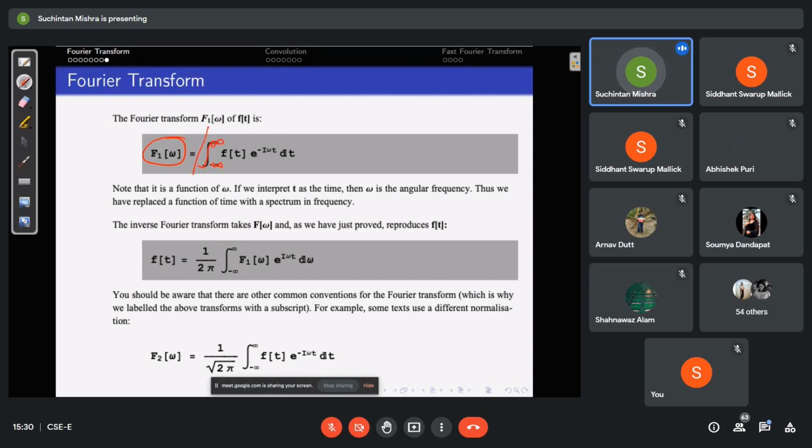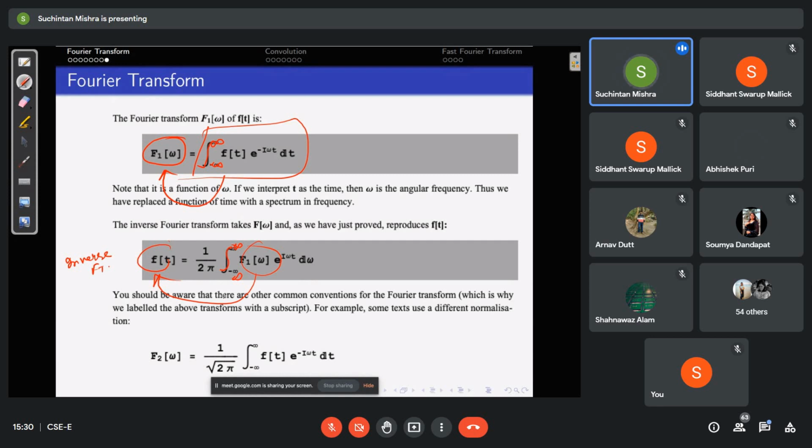Once you apply the Fourier transform, you will get the frequency domain representation. And if you are given the frequency domain and you want to find the time domain, the concept is the inverse Fourier transform. Given the frequency domain, you can convert it into the time domain just by applying the inverse Fourier transform.